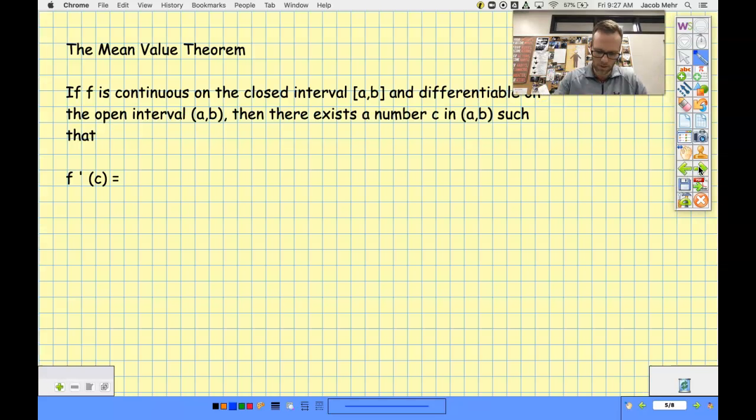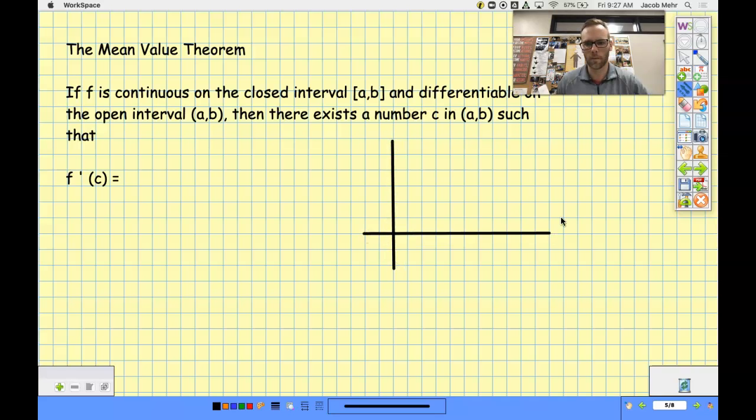So I'm going to start with my sketch here, and notice I left this part blank because I want to see if we can figure that out together. We've got our interval a, b again, but now we've got rid of the requirement that they have the same y value.